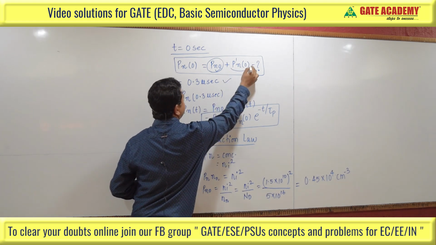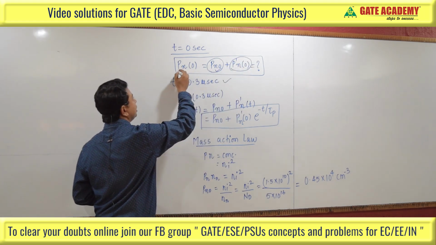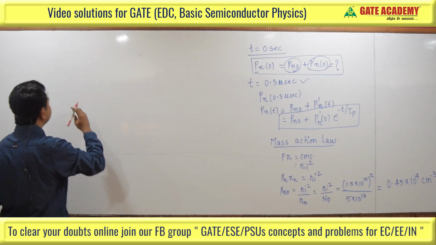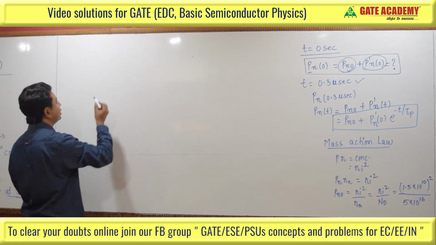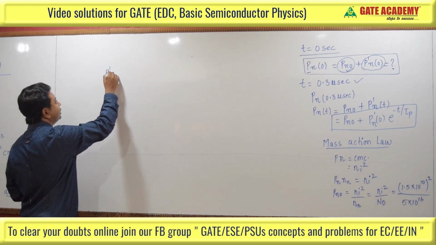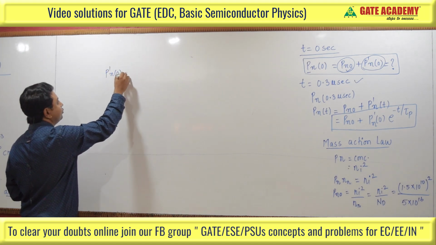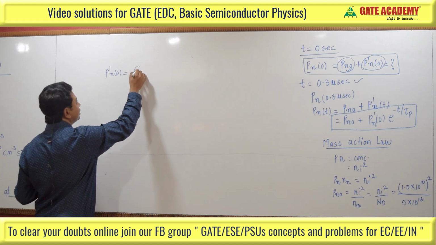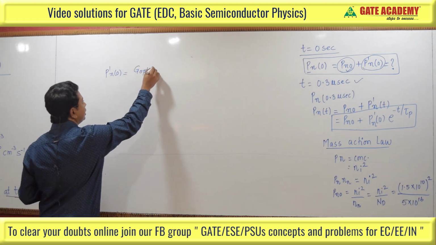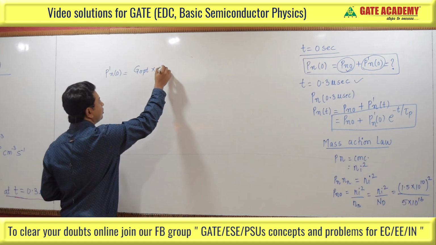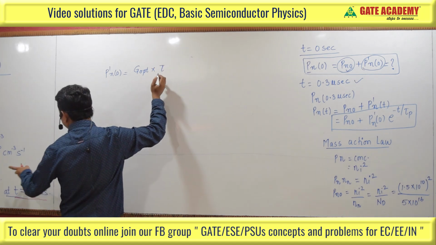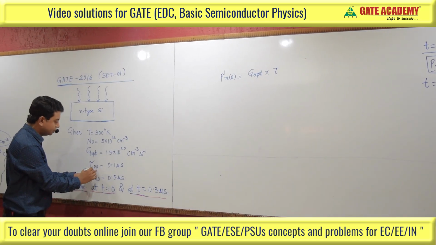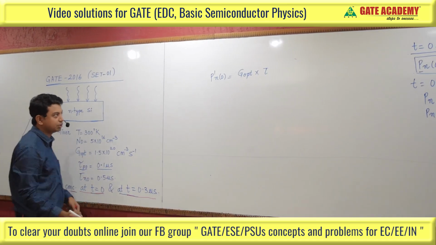Now we have to find out this value to get the total concentration at t equal to 0. For finding the excess minority carrier concentration, that is P'n(0), we can use the generation rate which is given in the question, that is G opt, times the carrier lifetime tau. For the p-type semiconductor, it is given here: tau p0 is equal to 0.1 microsecond.